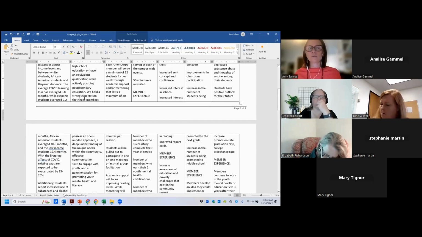And then I hold strong expectations that these members have an open-minded approach, a deep understanding of the unique needs within the community, effective communication skills, a genuine passion for promoting youth mental health and literacy. So I'm not asking for a high-level degree, but I'm asking for certain characteristics that I hope they come with that will be important in the activities we're asking them to do.